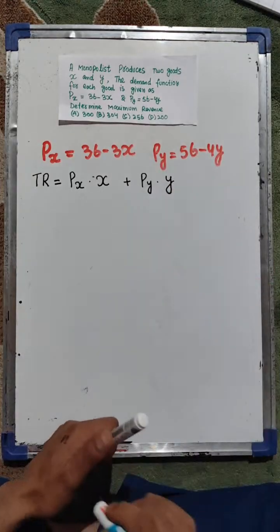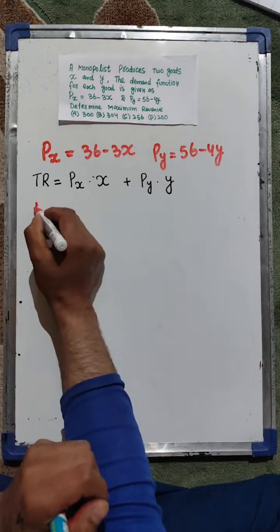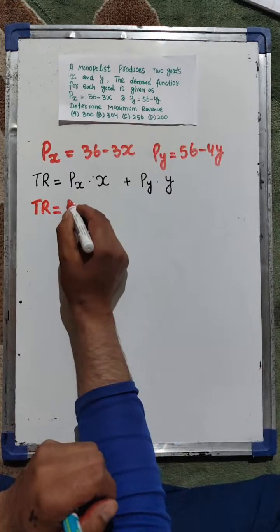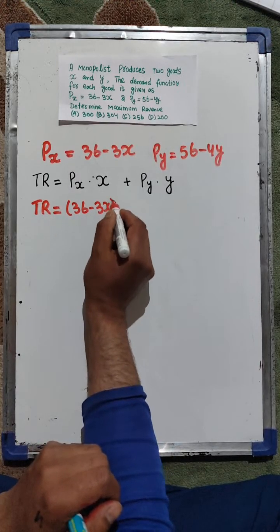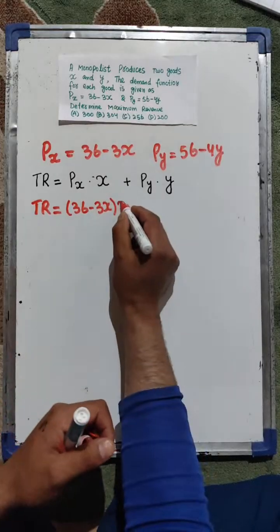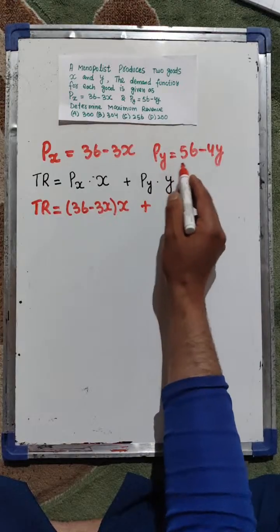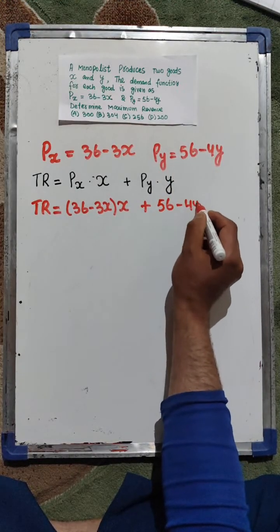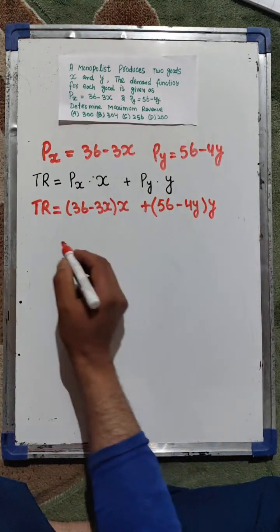That will be the total revenue for this monopolist. Now price of good X is this very demand function, that is 36 minus 3X. To this we multiply by X, plus we have Py is 56 minus 4Y. To this we multiply by Y. That will give us the total revenue first.